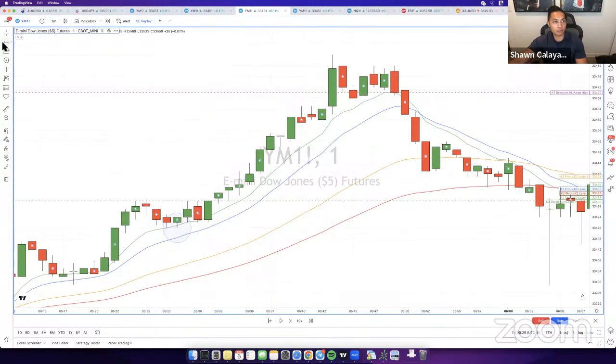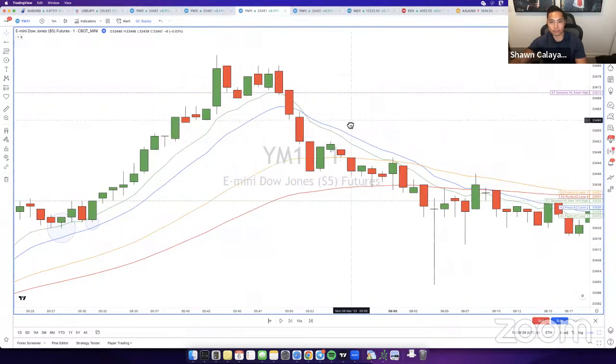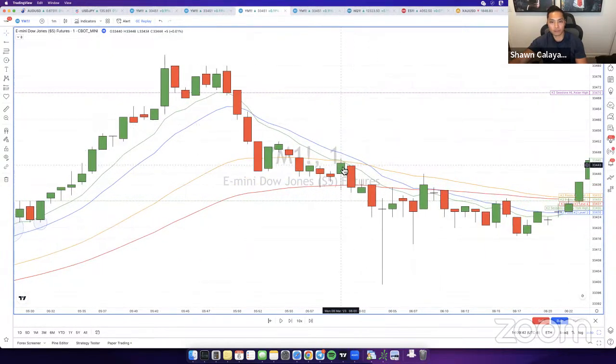This right here, not a wick rejection because the wick isn't touching anything. Right here, wick rejection, no wick rejection there. Nothing there, nothing here. Or sorry, there's a wick rejection here. I was referring to the red candle next to it.